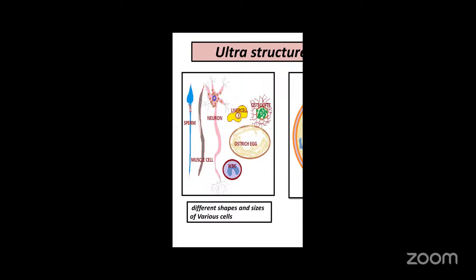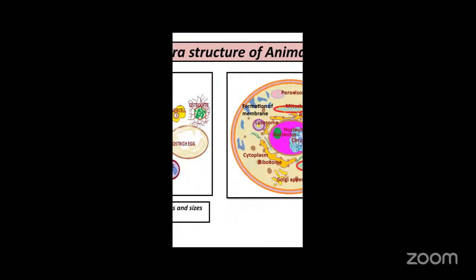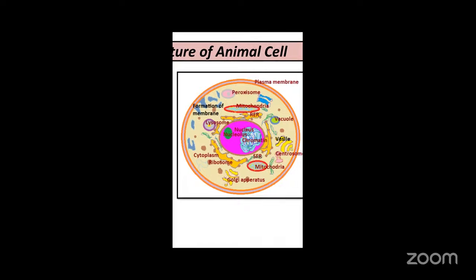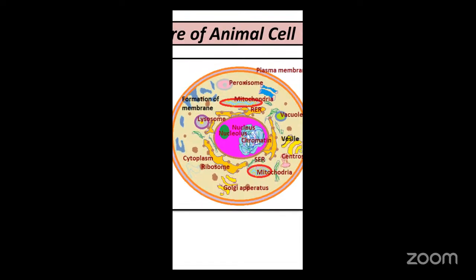Now coming to the structure of an animal cell. If you look at the structure of an animal cell, the cell is bounded by the plasma membrane, and within the plasma membrane, the whole light yellow colored region you are seeing is nothing but the protoplasm. Now this protoplasm is divided into cytoplasm as well as the nucleus.